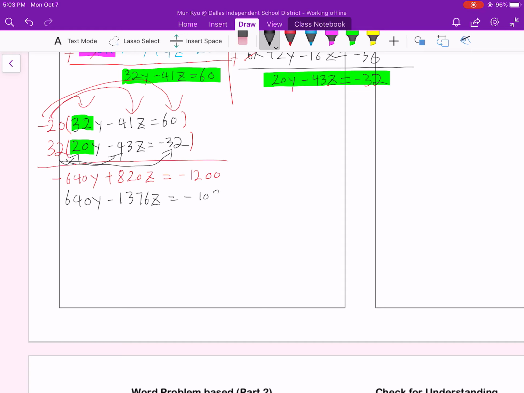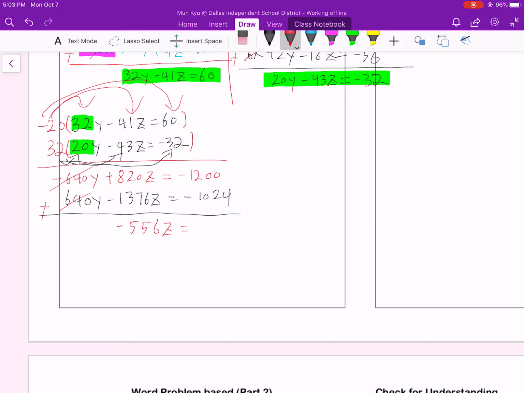The 640y terms cancel away. 820 minus 1376 is going to be negative 556z, big number. And these two, negative 1200 minus 1024, if you combine them, that's going to be negative 2224.